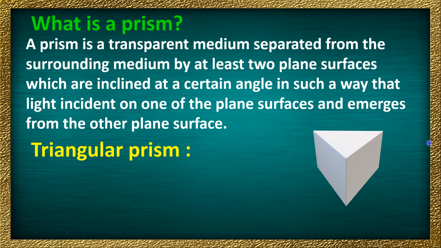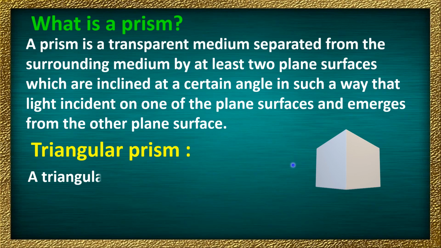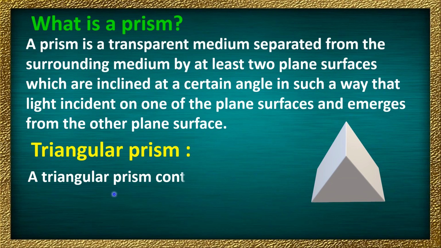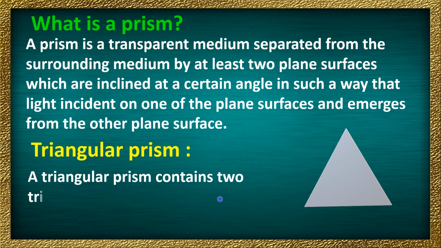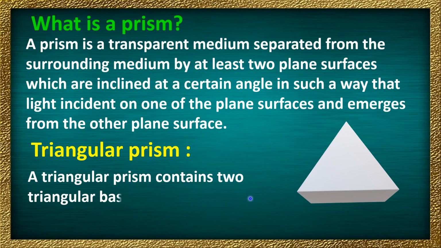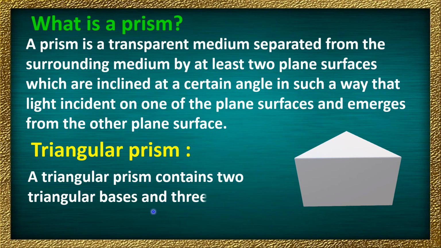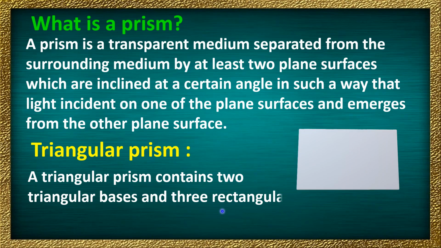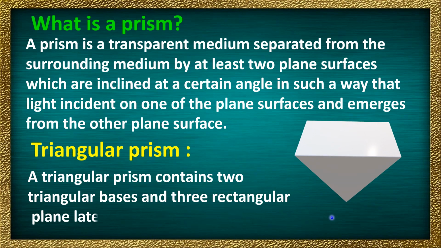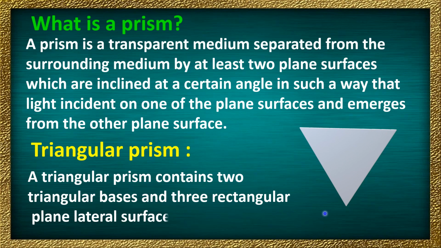A triangular prism contains two triangular bases and three rectangular plane lateral surfaces.